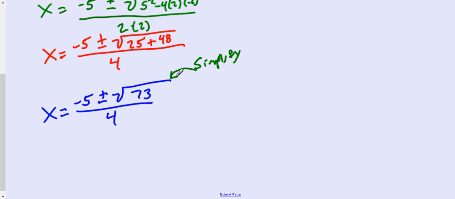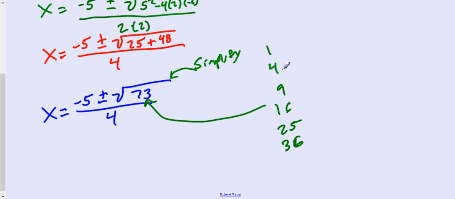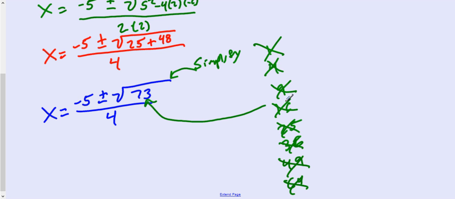So I need to think of perfect squares, 1, 4, 9, 16, 25, 36, such and such, that go into 73. 1 does, but nobody cares. 4 doesn't, 9 doesn't, 16 doesn't, 25 doesn't, 36 doesn't, 49 definitely doesn't, 64 doesn't do it. So none of the ones smaller than 73 work. So this is simplified, and we leave our answer as such.